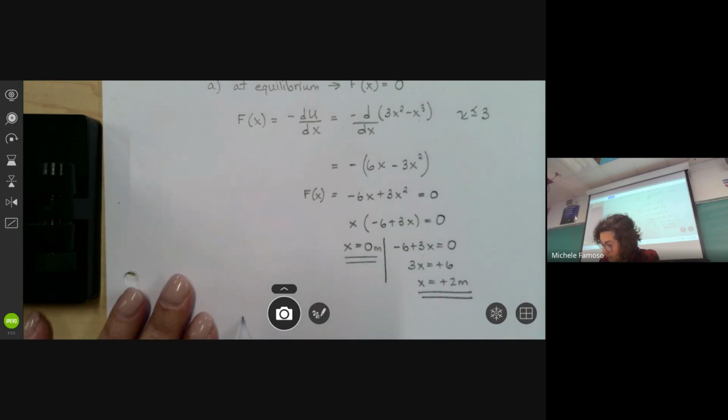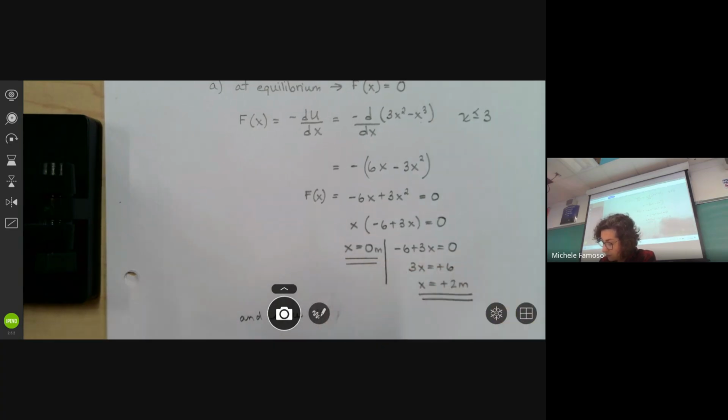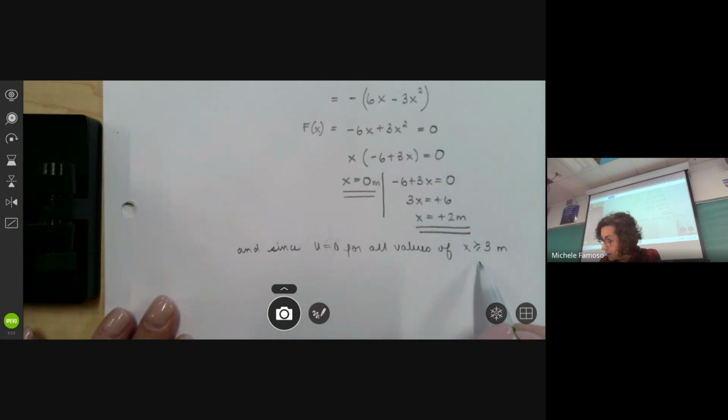And since the potential energy is equal to 0 for all values of x greater than or equal to 3 meters, that means you're also in equilibrium at 3 meters and greater. So those are your positions when you are in equilibrium.